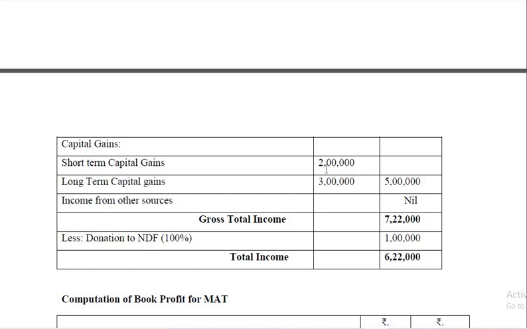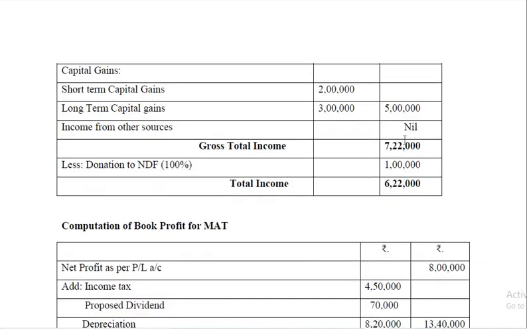Capital gains, one is 2 lakh short-term capital gains, and long-term capital gain given in the adjustment 3 lakhs, so totally 5 lakh. Income from other sources is nil. So gross total income is 7,22,000. And I told you donation to National Defense Fund is disallowed while computing book profit, but deduction is allowed under 80G.